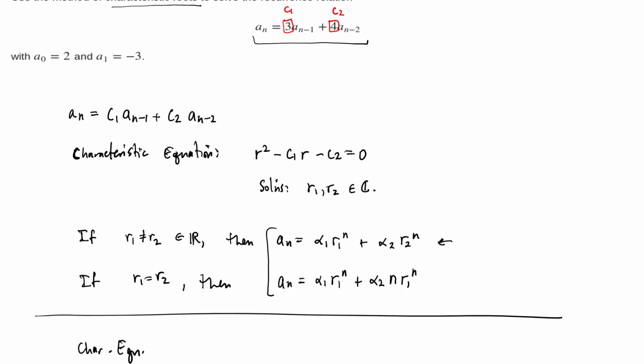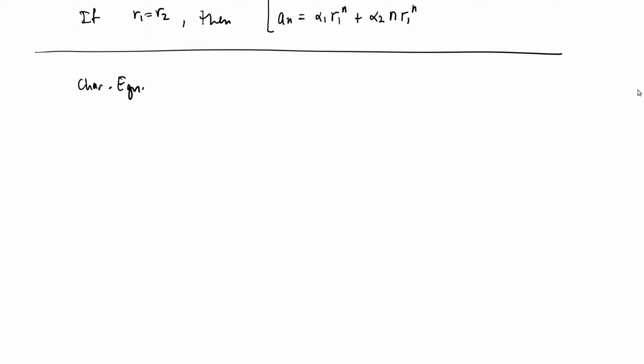So the characteristic equation is r squared minus 3r minus 4 equals 0. And the next job is to solve this for r. This quadratic equation factors very nicely. It becomes r minus 4 times r plus 1. And so the two solutions are r1 equals 4 and r2 is equal to negative 1.